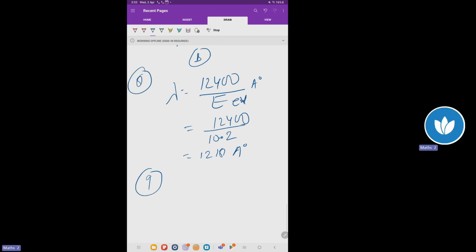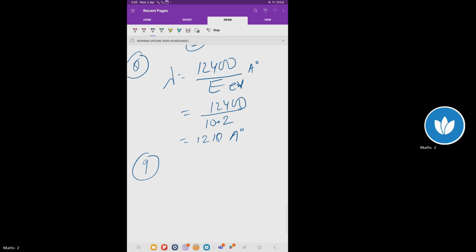9. Ionization energy of hydrogen atom in the ground state is E. What is the ionization energy of lithium atom in the second excited state? So ionization energy is 13.6 Z square by n square.